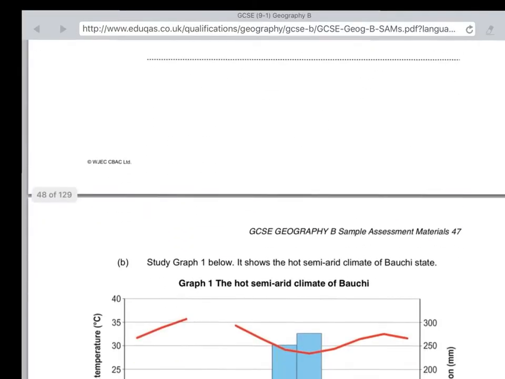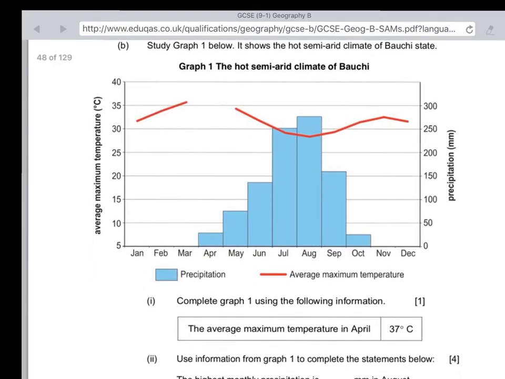If we scroll down, we then get to this. This is a climate graph. Wherever you see a graph, particularly when they've printed it on the exam paper, you will have a resource booklet here. It's worth noting that means there's some data to fill in, and again 37 degrees would be about there, and you draw it in. That should be fairly straightforward.